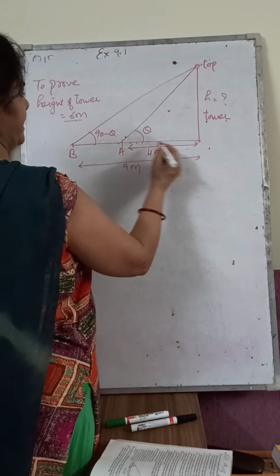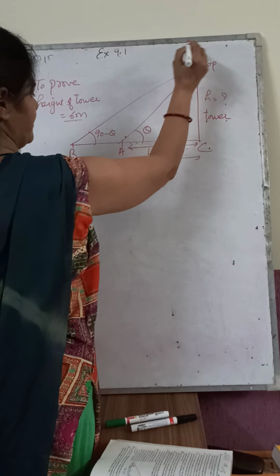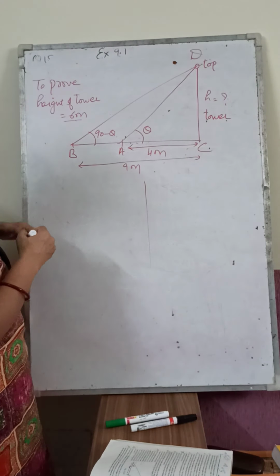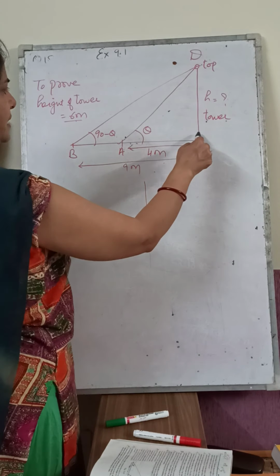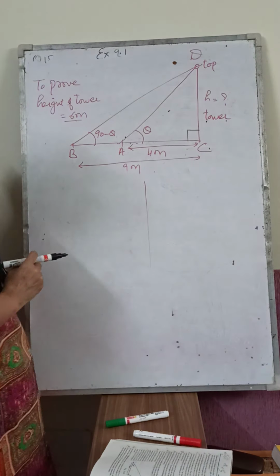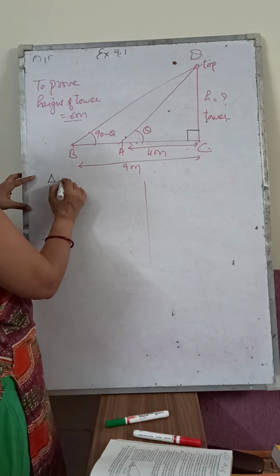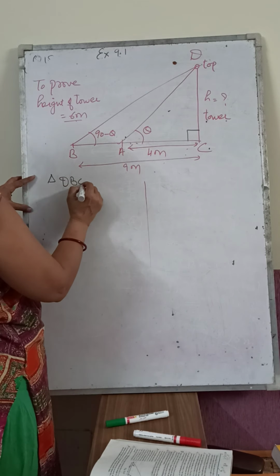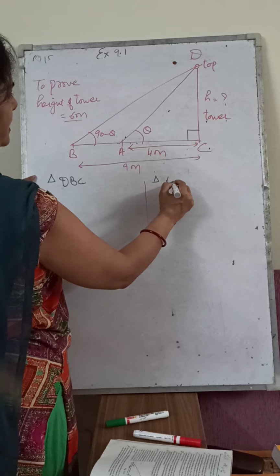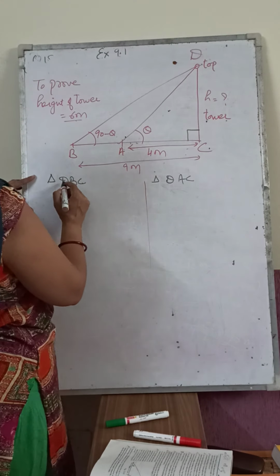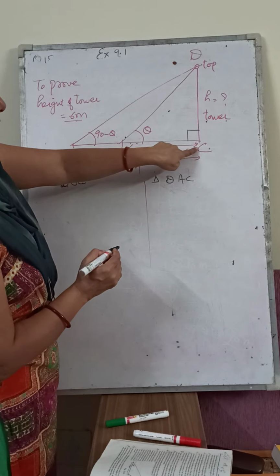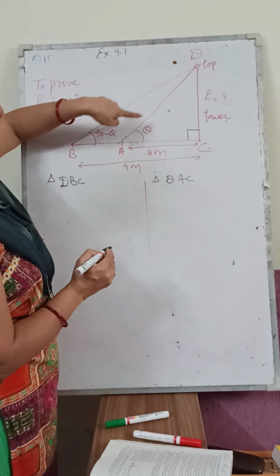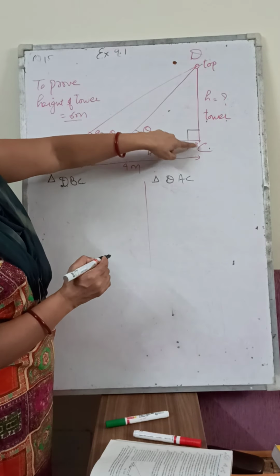This is A, B, suppose this is C and this is D. We have two right angle triangles: triangle DBC and triangle DAC.